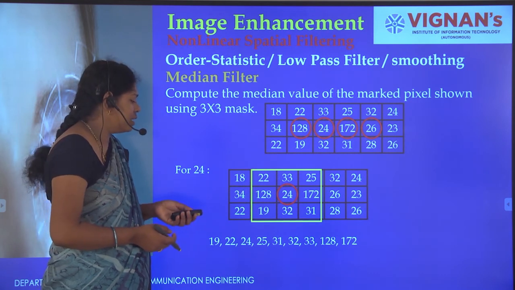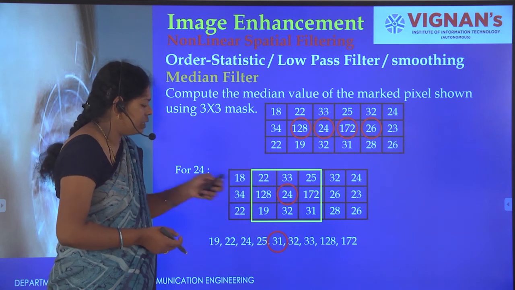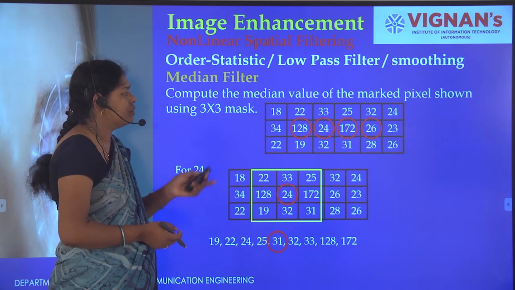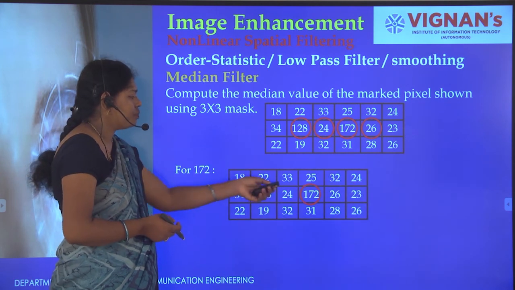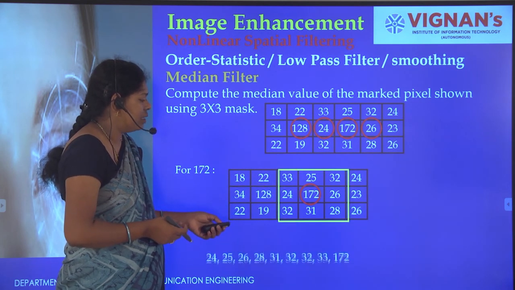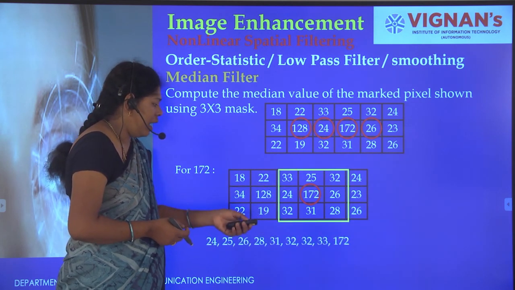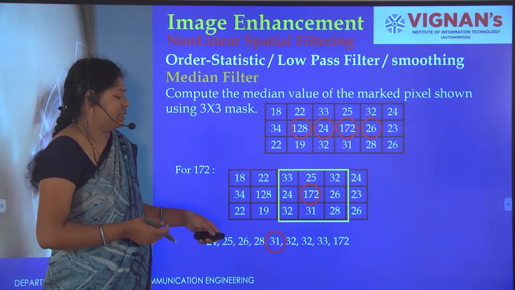Again identify the center one, that is 31. The 24 will be replaced with 31. Next is 172. For 172, same procedure. Again consider the 3x3 mask, arrange the pixels in ascending order and identify the center one, and the 172 will be replaced with 31.